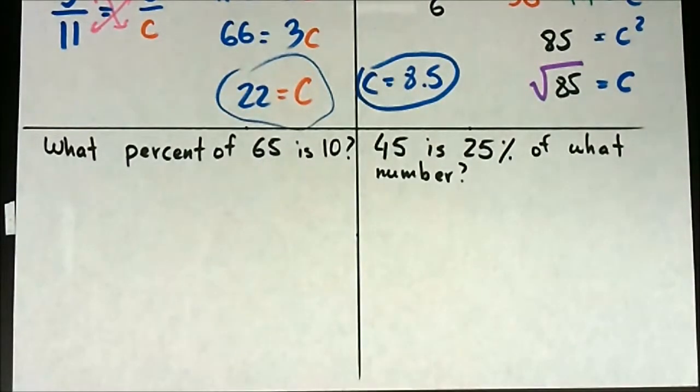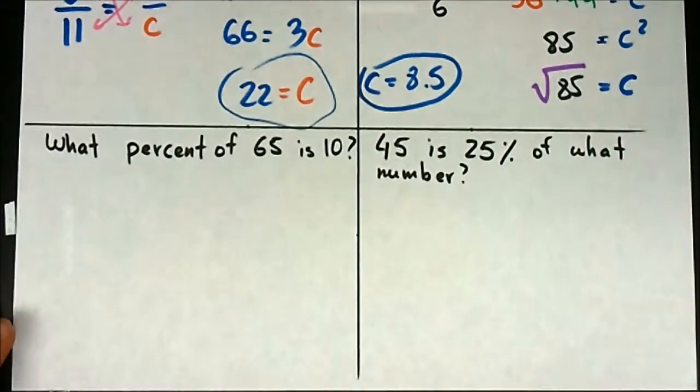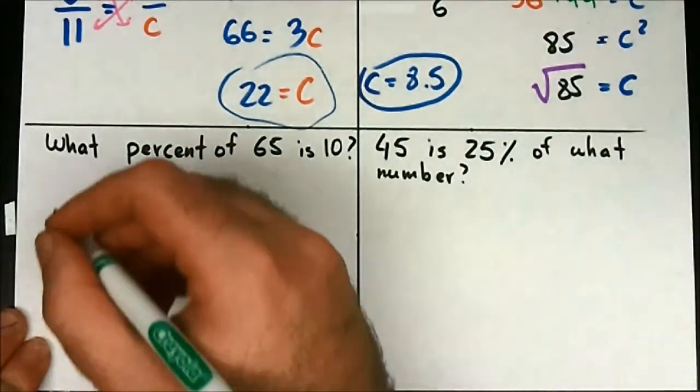This problem here. What percent of 65 is 10? How would you set that up? Well, you first write your formula. And remember your formula. On the last quiz, I tried to trick you by giving you a find and fix it problem where one of the mistakes was the formula was off. And some of you used that wrong formula.